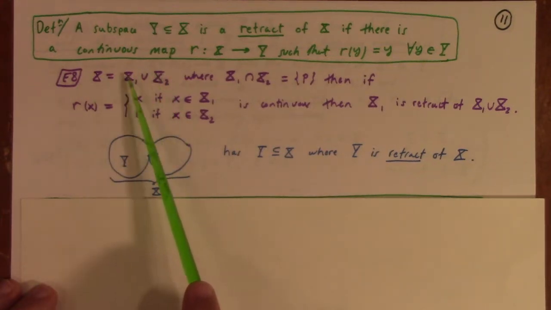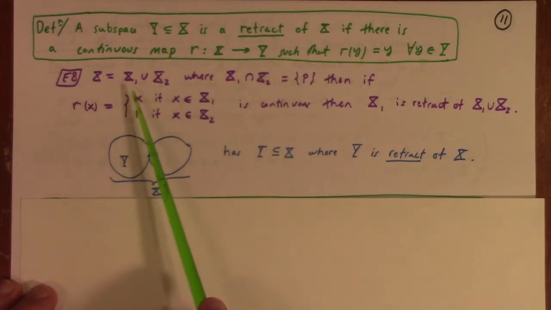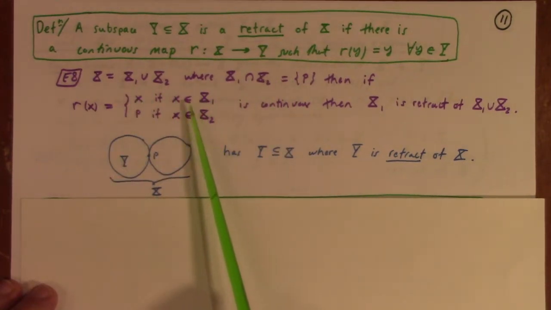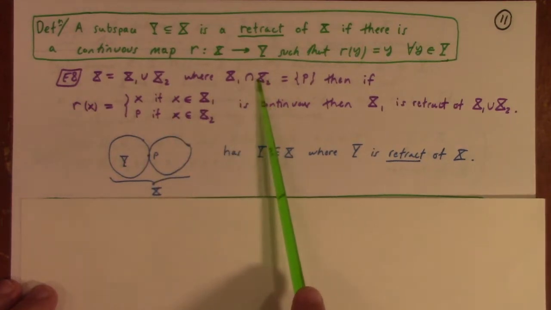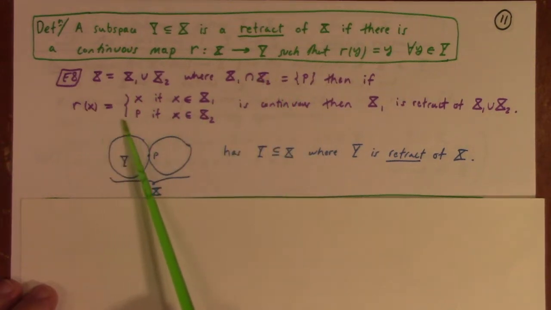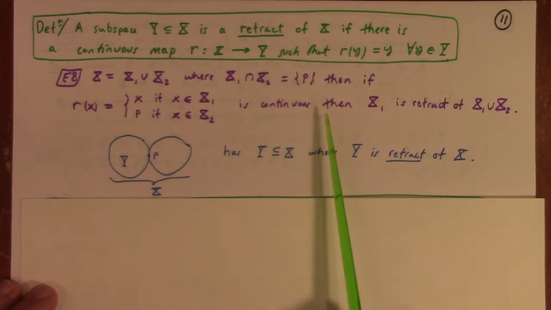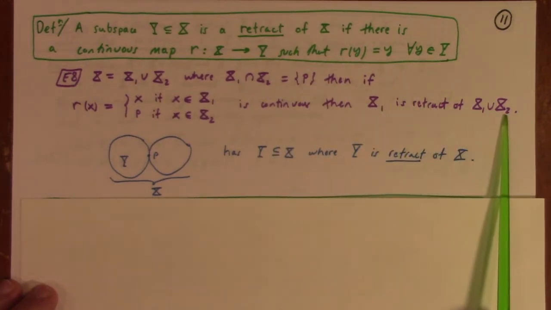If you have two spaces, right, and they just meet in a point, then if you define r of x by x if it's in x1 and p if it's in x2, just make it constant over the second part of the space, then that's going to give you a continuous function by gluing lemmas that I haven't proved, and that means then that x1 is a retract of the union of x1 and x2.